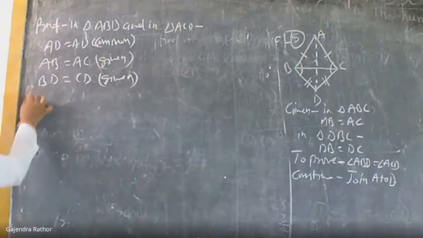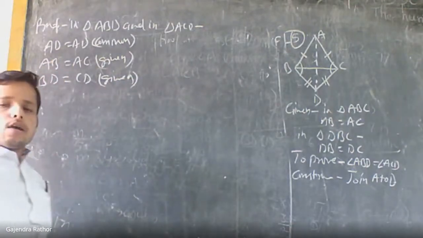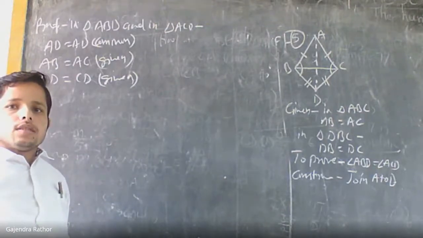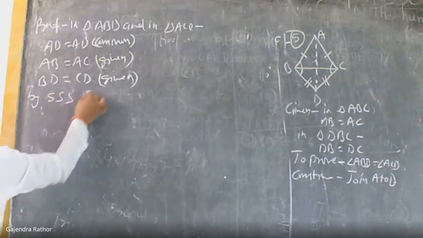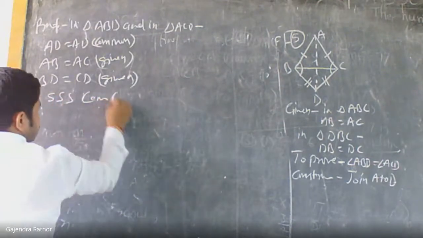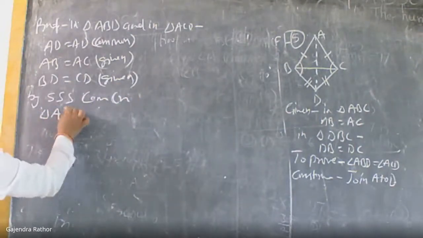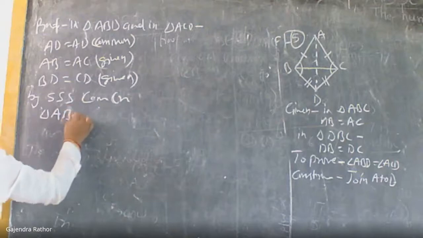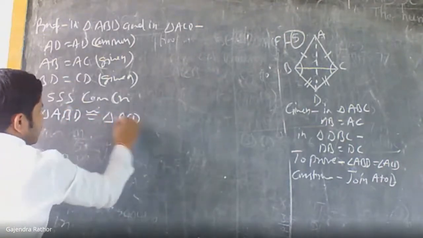So here, three sides of one triangle are equal to the corresponding three sides of the second triangle. So by using SSS congruence criteria, triangle ABD is congruent to triangle ACD.